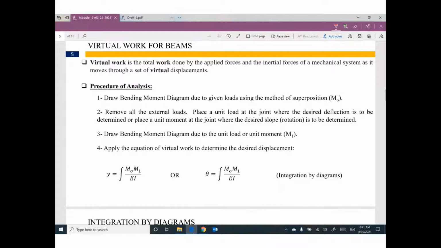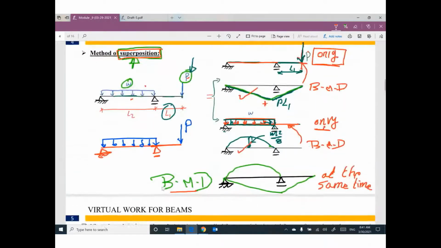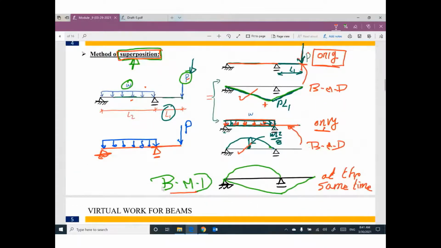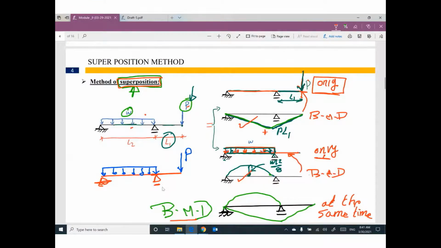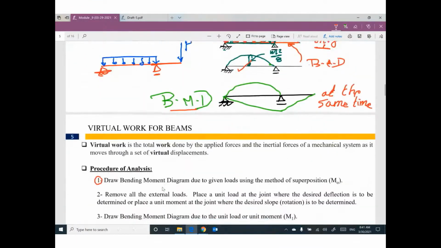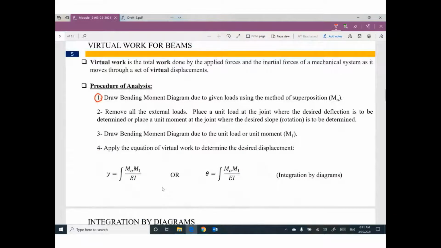The first step, we need to draw the bending moment diagram due to the given load using the method of superposition. So what I did will be the first step. Whatever the given load, I will draw the bending moment diagram with the superposition method.